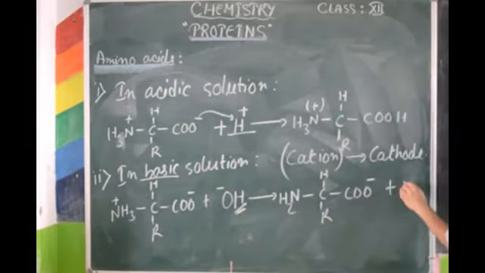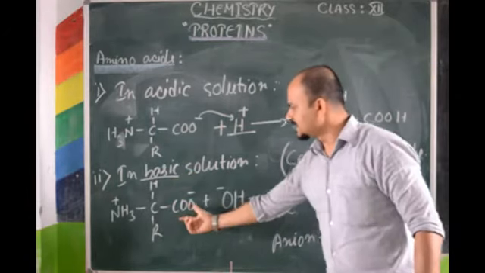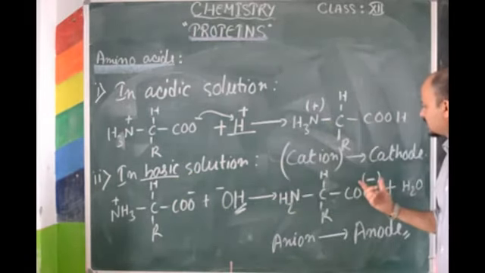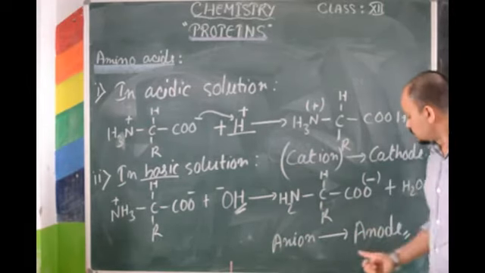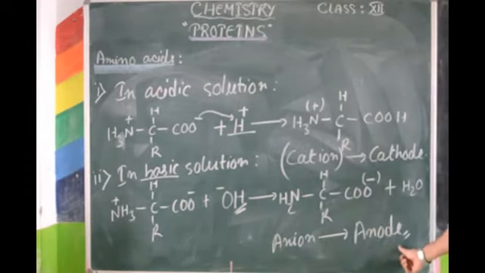So questions might be asked, like in acidic solution, where will this amino acid migrate? You have to remember, in acidic solution it is positive, therefore cations will go to the cathode. Similarly, in basic solution, it will exist as a negative ion, an anion, and an anion during electrolysis will migrate towards the anode.